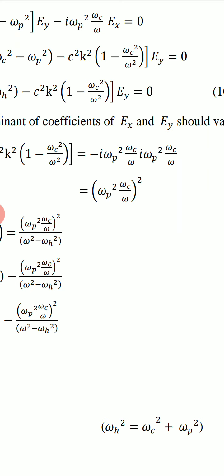The right hand side will become, since i square is minus 1, omega p square omega c upon omega taken two times, so we write it as (omega p square omega c upon omega) whole square.